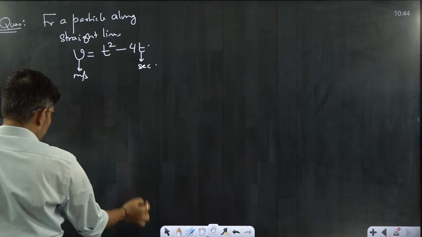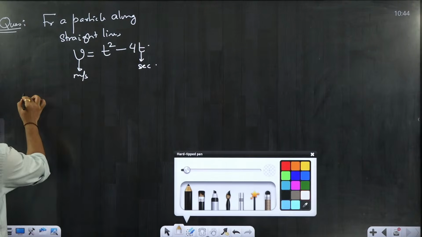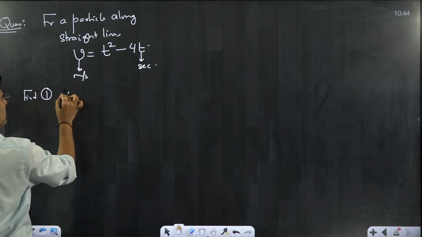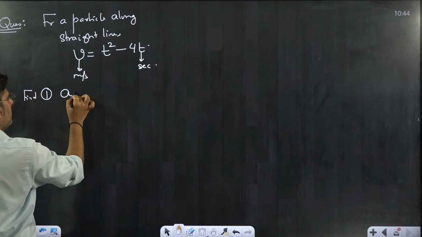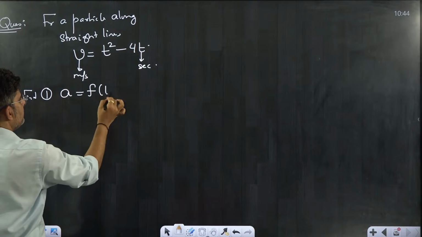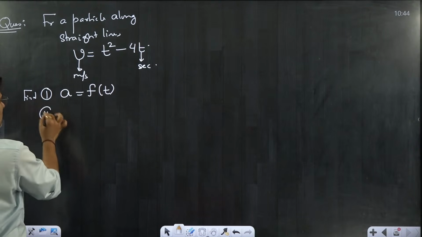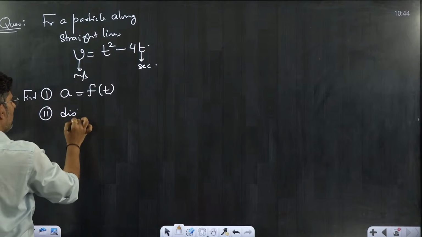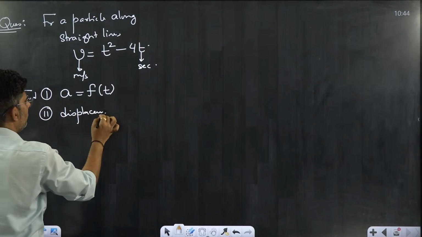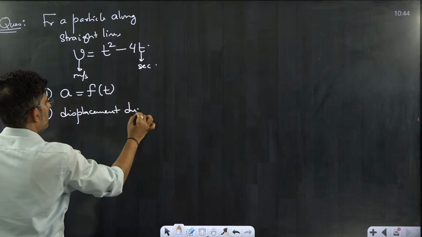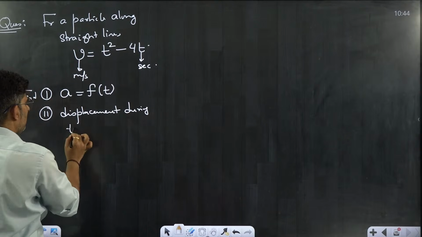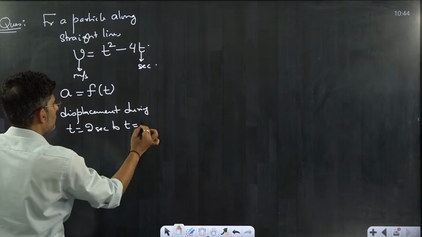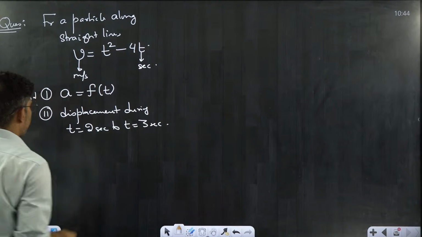Now we have to find number 1, acceleration as a function of time. Number 2, displacement during t equals to 2 seconds to t equals to 3 seconds.